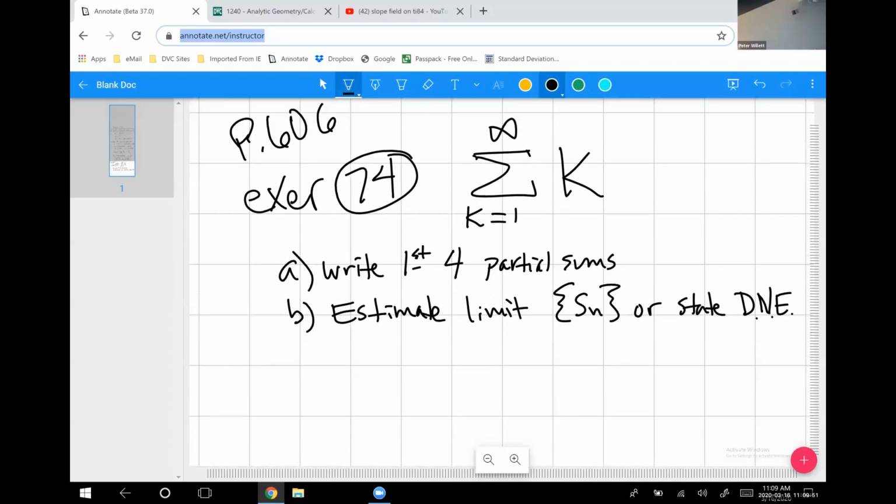Okay, so in part A, the first 4 partial sums means find S sub 1, S sub 2, S sub 3, and S sub 4.